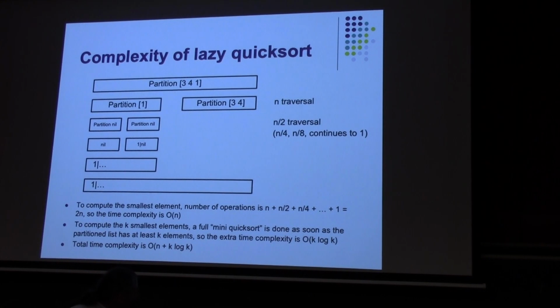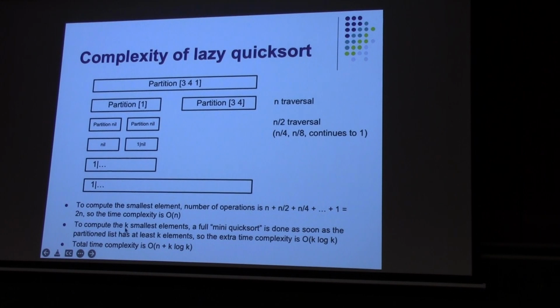So I traverse n over 2, n over 4, and so on, until I go down to 1. So the total amount of work done here is n plus n over 2 plus n over 4, etc. If you make this sum, you'll see it's just 2n. It's proportional to n. So the partition calls for making the smallest element is n, and that's it.